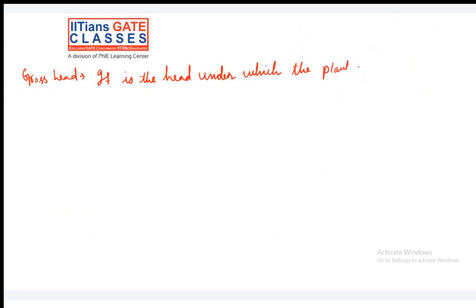So if I write down gross head, this is the head under which the plant is working, and this is used to calculate the efficiency of the plant. We'll talk about everything, efficiency of the plant.